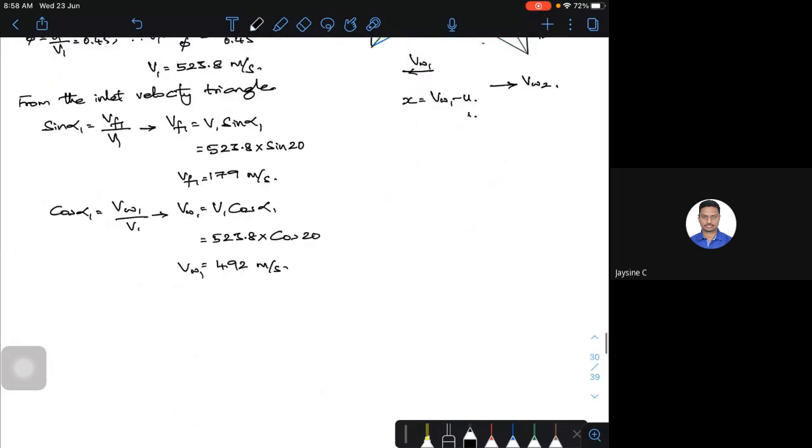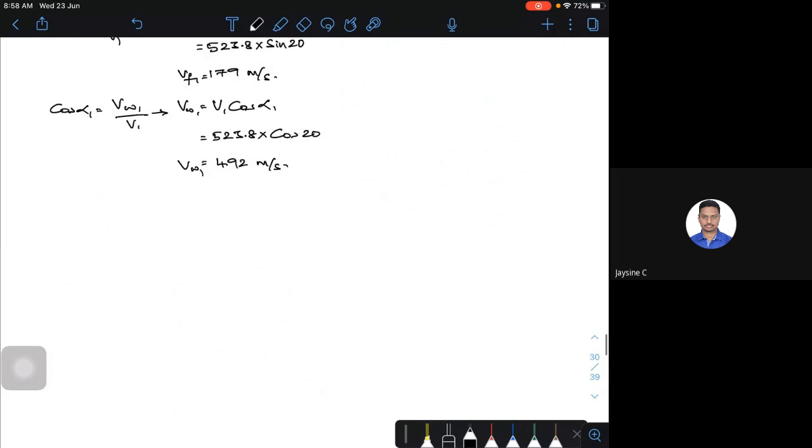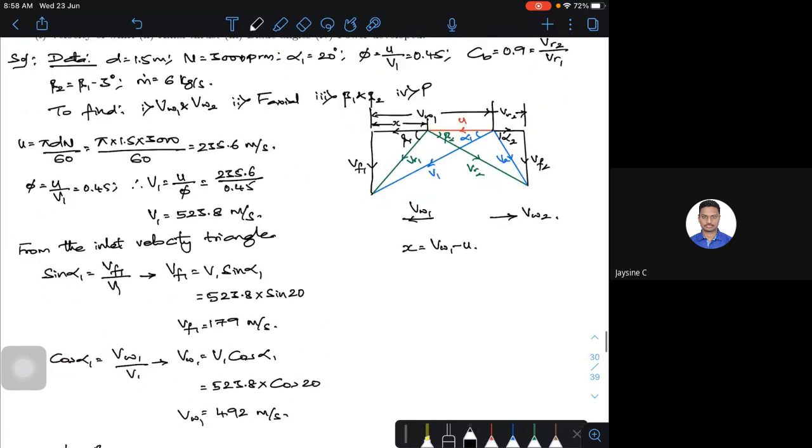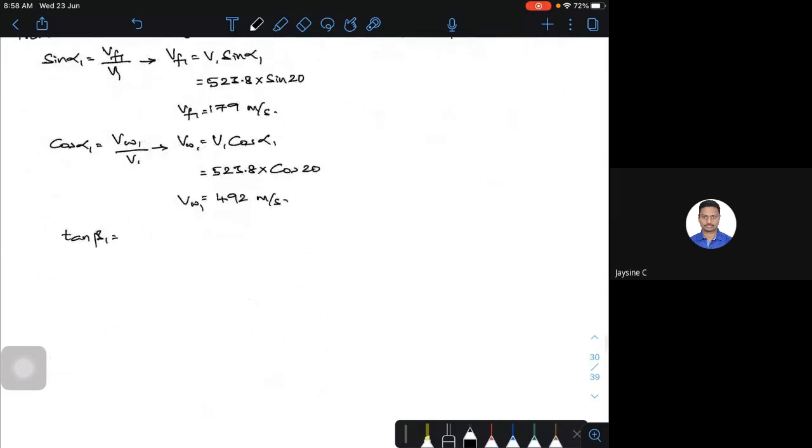What is your tan beta 1? From the same inlet velocity triangle, tan beta 1 is equal to the opposite, Vf1, divided by the adjacent, that is x. That is Vf1 divided by VW1 minus u.